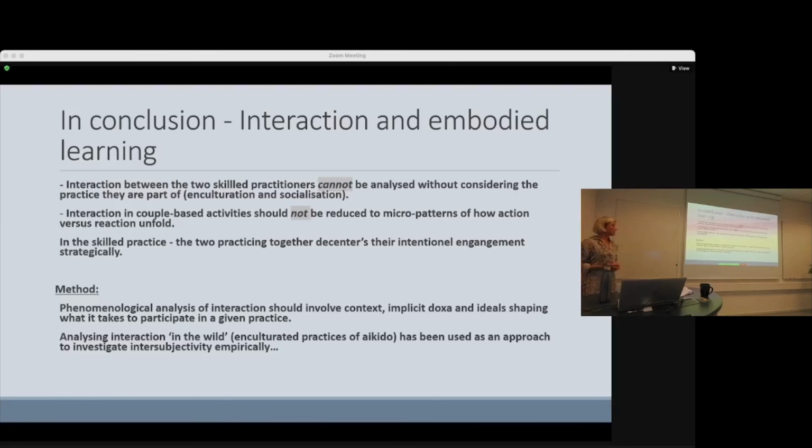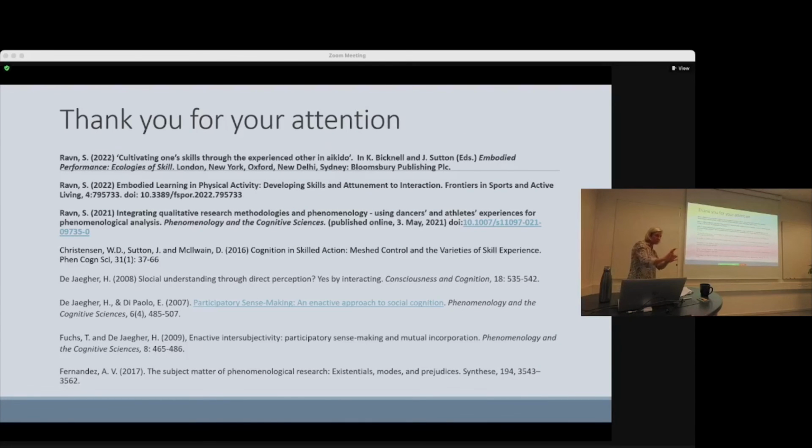Analyzing interaction in the wild, as it is in the complex life we're part of, that is here, the enculturated practice of aikido, has been used as an approach to investigate intersubjectivity empirically. That is, I've looked into the interaction, the concrete things that happen, and how it is experienced by the people practicing. Now we started 10 minutes late, so this should be 45 minutes.